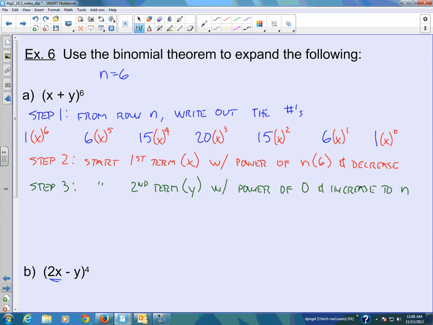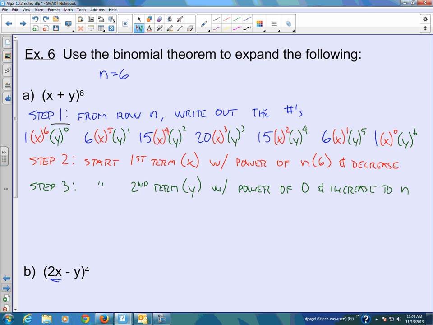All right? Second term is y to the 0, and then y to the 1st, and then y squared, 3rd, 4th, 5th, and 6th.